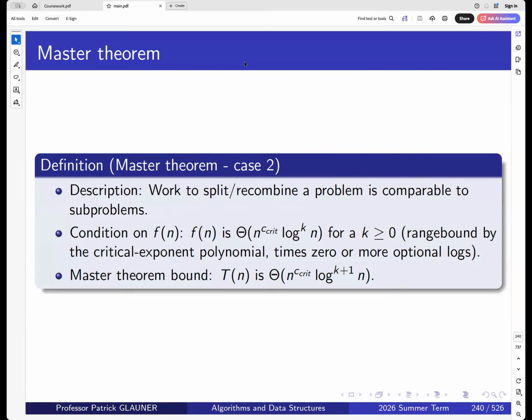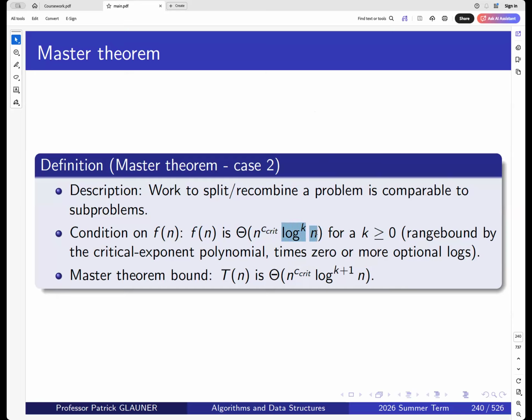And the master theorem says this can also be expressed if our f of n, so the work for splitting and recombining, is theta of n to the power of c critical times log n raised to the power of k.